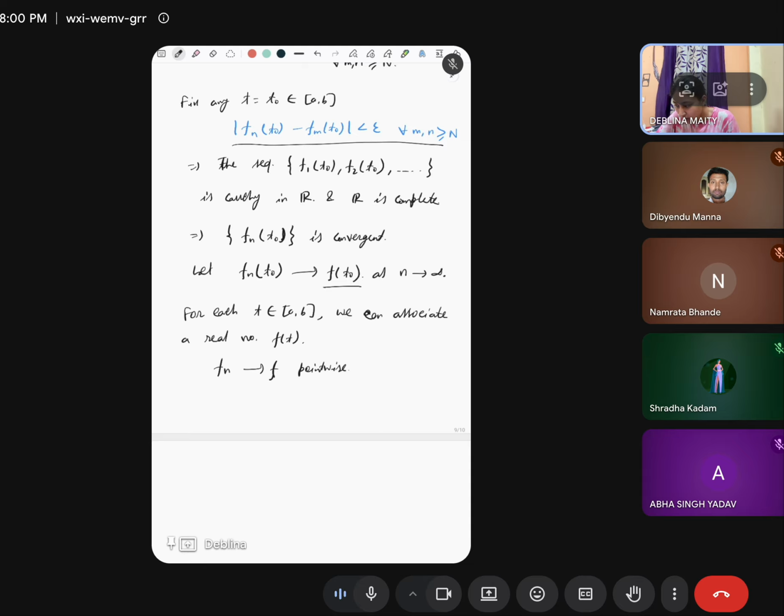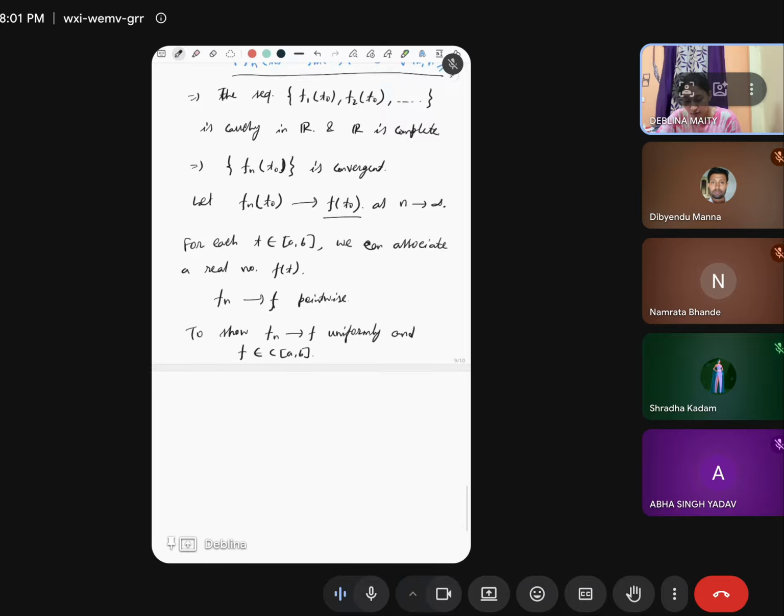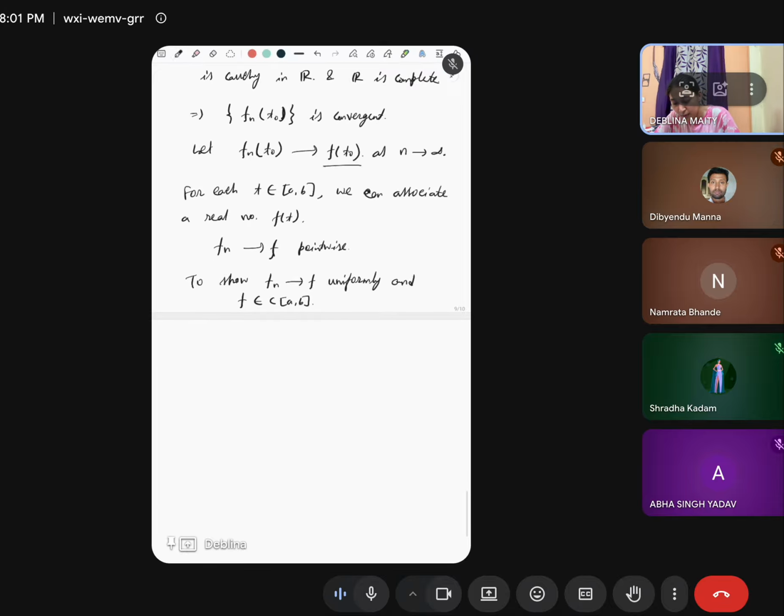So we have to show now that fn converges to f uniformly, and this function f must belong to C[a,b], meaning f has to be continuous also. So till now we have found that fn converges to f pointwise.